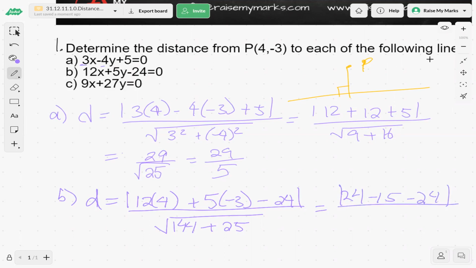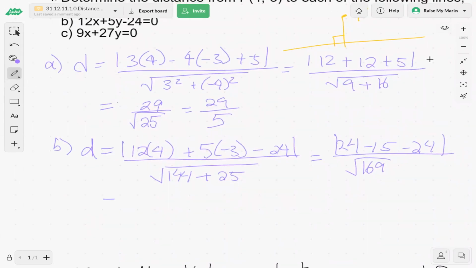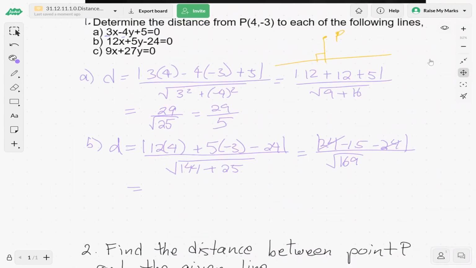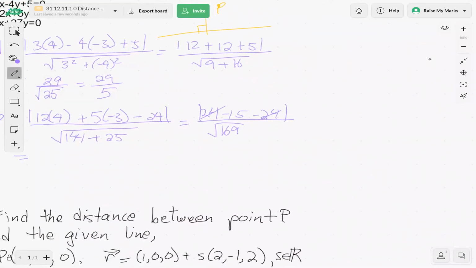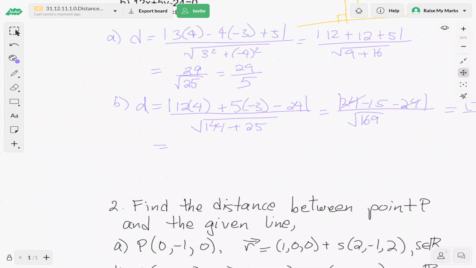Then we have 144 plus 25, which is 169. The 24s cancel. In the numerator we have the absolute value of -15. In the denominator, the square root of 169 is 13. So we have 15 over 13. Good. And we have one more.